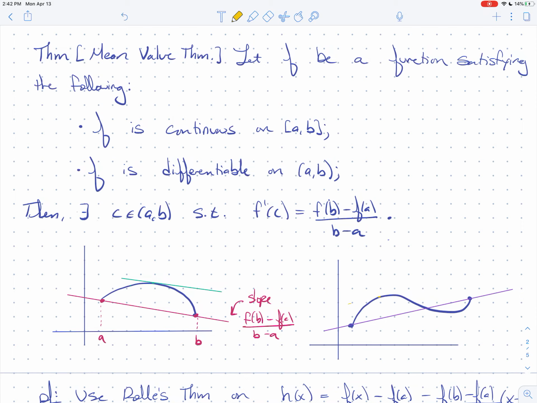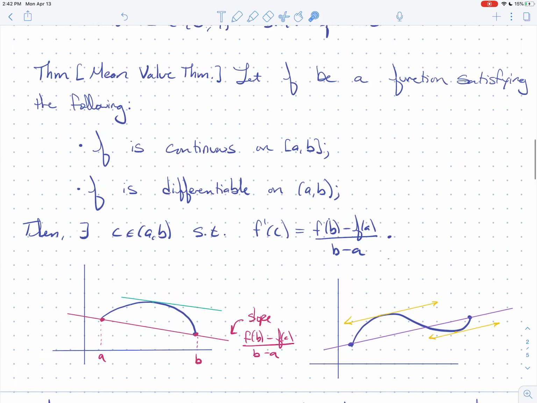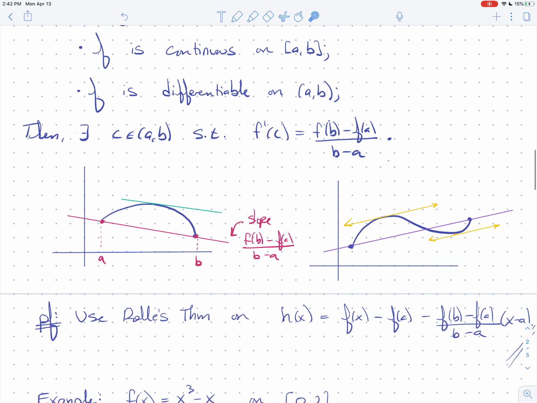It looks to me like right in there somewhere. I'm just going to draw it tangent and see. Yeah, there it is. There's one. And it looks like we're going to have another one right in here somewhere, yeah, something like that. So here there's actually two places. Is that allowed? Absolutely. This is just an existence theorem. It's not saying there's a unique point. It's saying there's at least one point. And here you can see there's actually two.